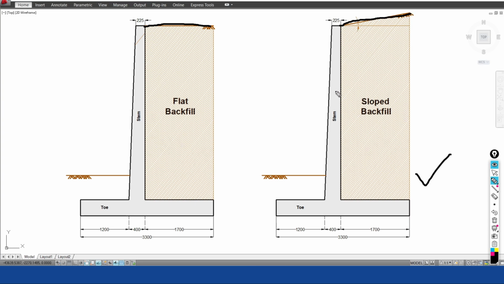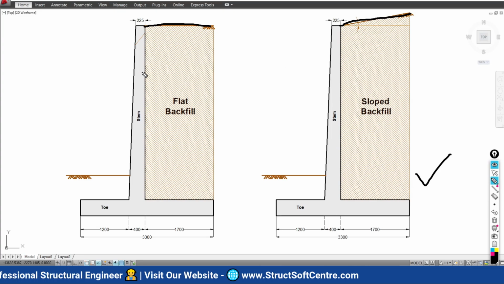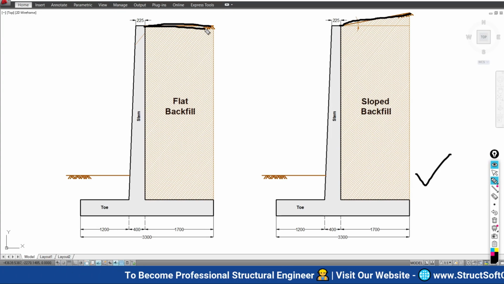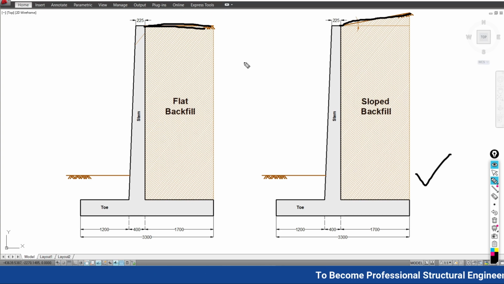So the calculation is somewhat different for the retaining wall with an inclined backfill and the retaining wall with a flat backfill. There will be some difference between the calculation of these two different types of the retaining wall. One retaining wall is subjected to flat backfill, one retaining wall is subjected to inclined backfill.